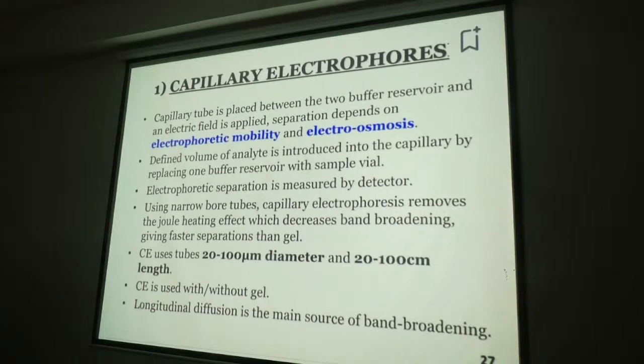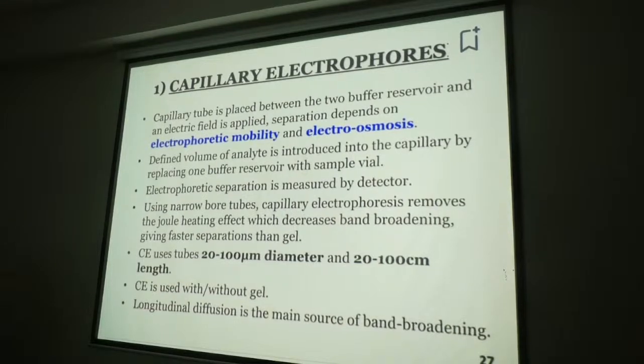Now, capillary electrophoresis. Again, the principle is the same. Here, the difference is that a capillary is used. The capillary tube is placed between the two buffer reservoirs, and the electric field is applied. The separation depends on electrophoretic mobility and the electroosmosis.